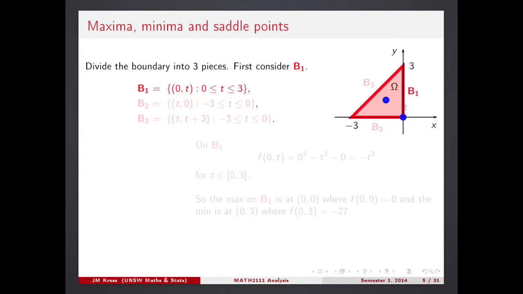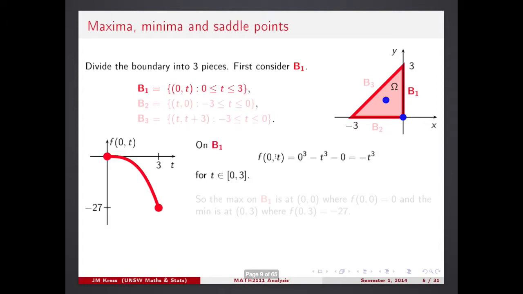You parameterize that segment. It's one of the parametrizations, I guess the easiest one. Now you use this parametrization and take your function only on the boundary. You end up with a function of one variable, and you see where this function has critical points, which are stationary points or boundary points, where the derivative is 0.